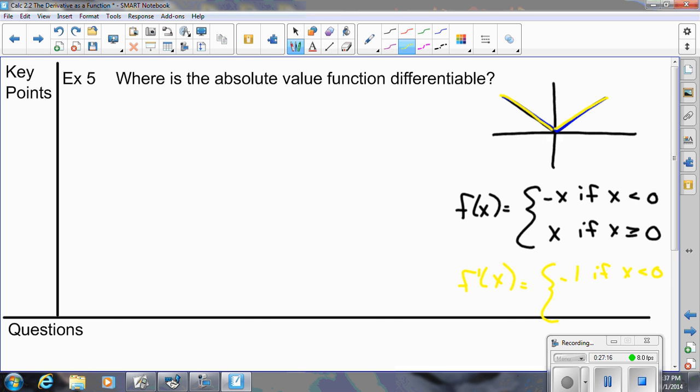We can visually see it's a +1 on the right-hand side. The only issue is, what about right here at the origin? What's the slope there? Because it looks like coming in on the left, it's a -1, and coming in on the right, it's a +1. How does that make sense?